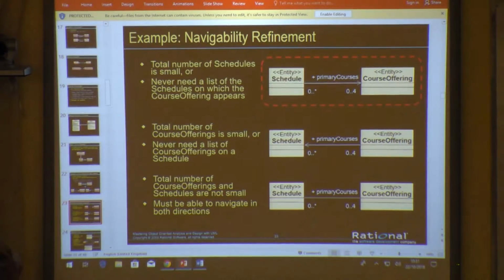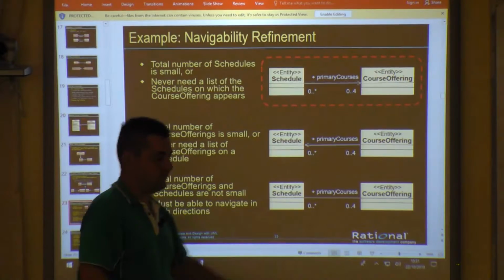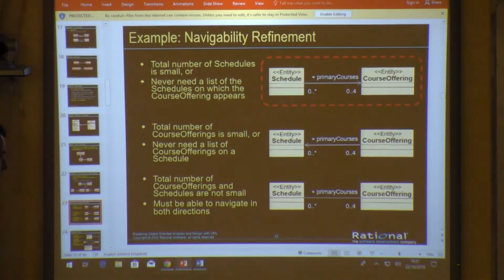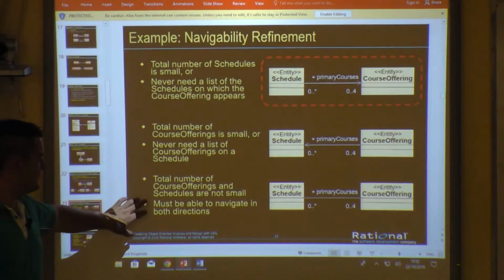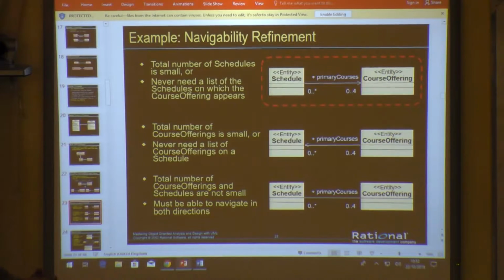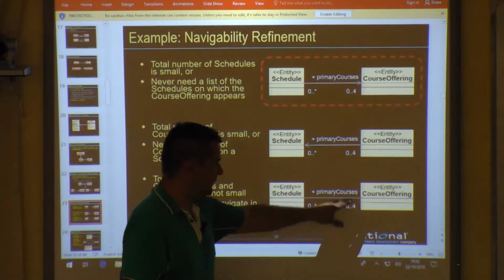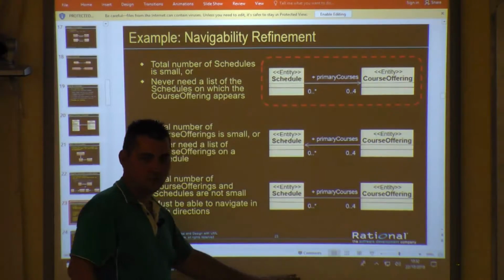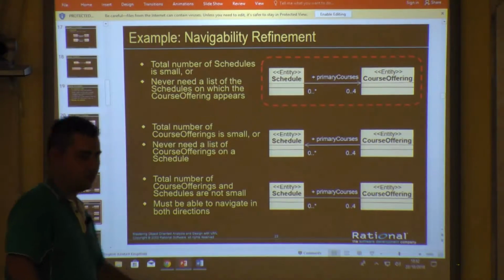But how many subjects can there be? We don't see that information here. Okay. So in this case, it must also be able to navigate in both directions. We would like to get to a place where we can see the subject and then the student which appears on the subject.